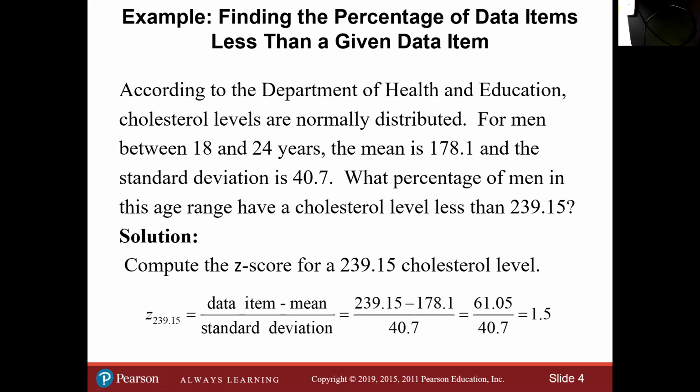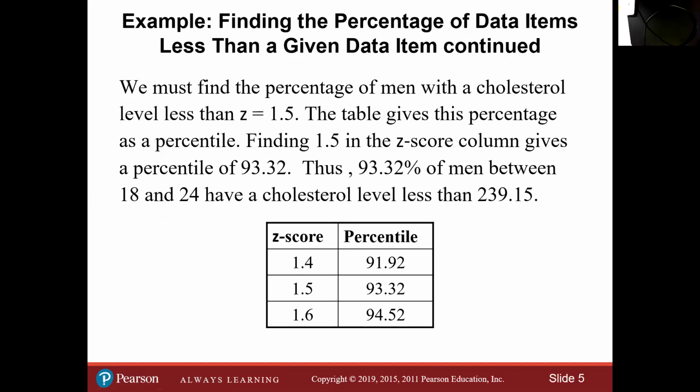What we'll do next is use this 1.5 to get some numbers. So what we'll be doing is using this table. This table is given to you in full in the e-text. Let me show you that.